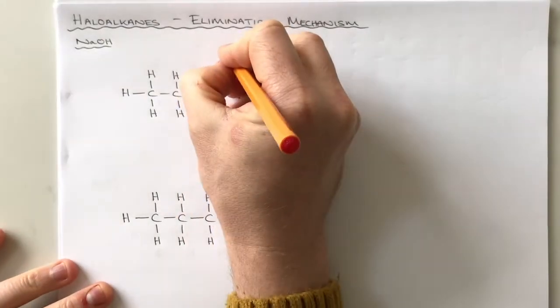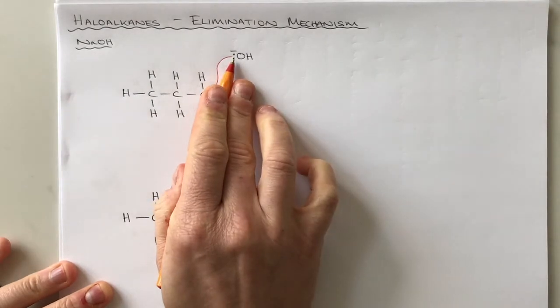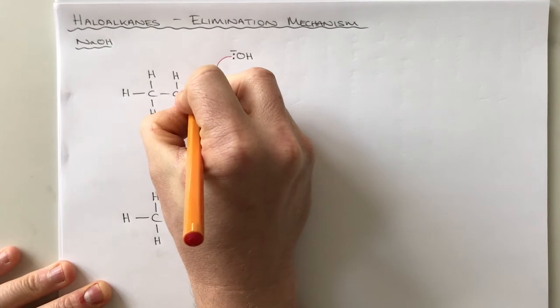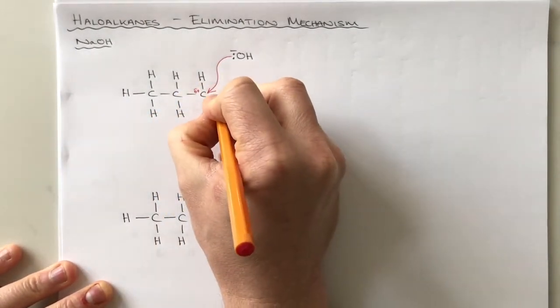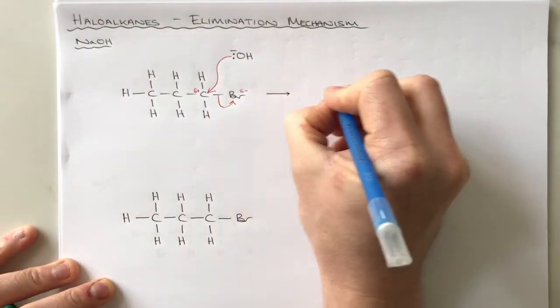In a nucleophilic substitution, the negative charge and the lone pair on the oxygen attack this carbon. This carbon is, of course, slightly positive because the bromine is slightly negative. Then we break that carbon to bromine bond in our second curly arrow to make our product.